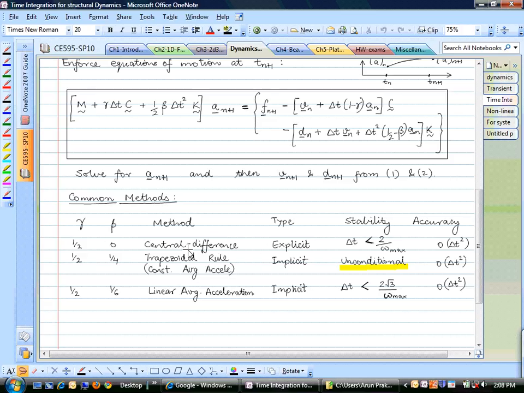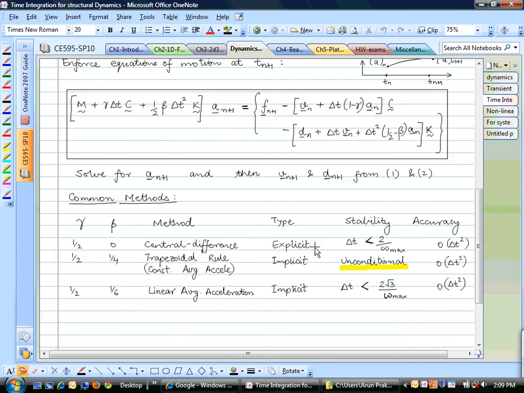And the good thing about this method is that this is explicit. What does that mean? It means that if gamma is half and beta is 0, then this term goes away. And if C matrix is diagonal and M matrix is diagonal, then the matrix equation that I have is a diagonal matrix equation. So I don't have to solve any equations.